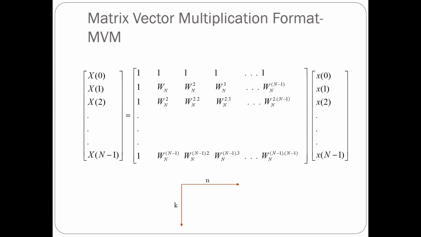Therefore, to compute n square complex multiplications, you will need to perform 4n square real multiplications. Which means the digital hardware or the digital software that you are going to design will need to perform 4n square multiplications. Now the issue is when the value of n is large.